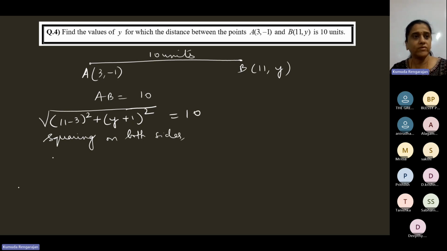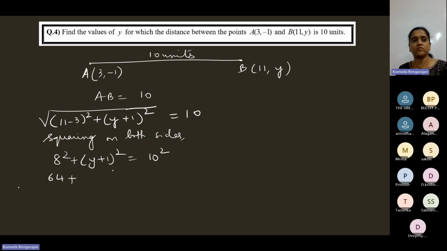This one, the square root is gone. So 11 minus 3 the whole square is 8 square plus y plus 1 the whole square is equal to 10 squared. So now expand, solve and find the values of y.